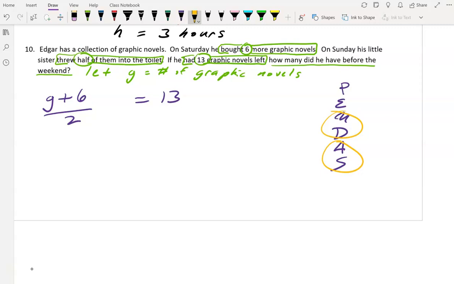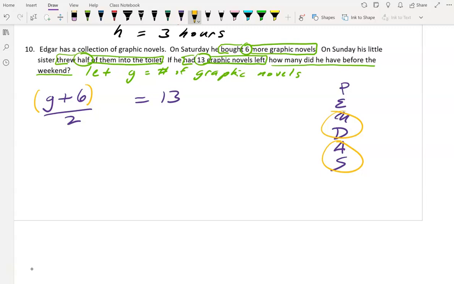But this is a special time because when we have an operation on top of a fraction bar, like this, or below a fraction bar for that matter, because it's on top of our fraction bar, we need to put parentheses around that and treat it like it's parentheses. So that means we're going to do that last.